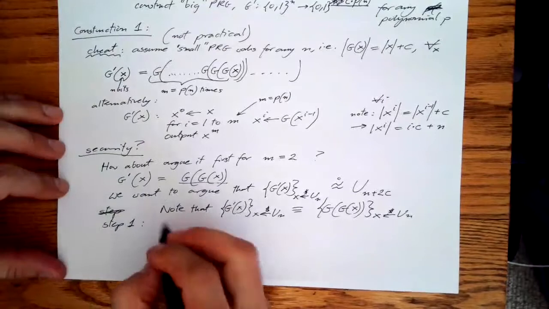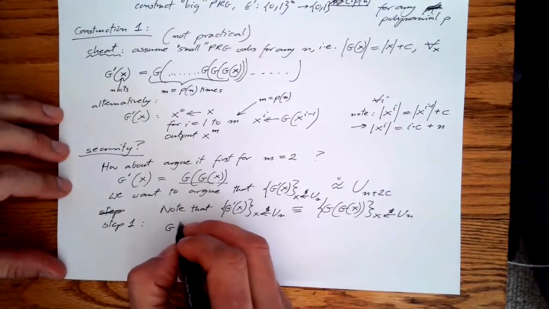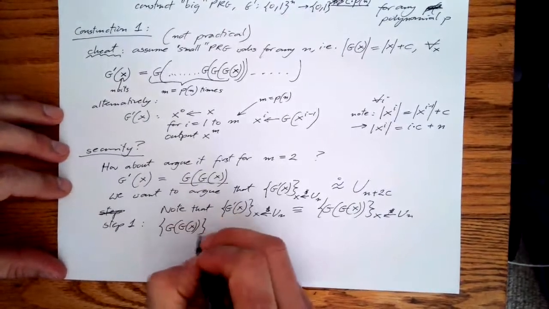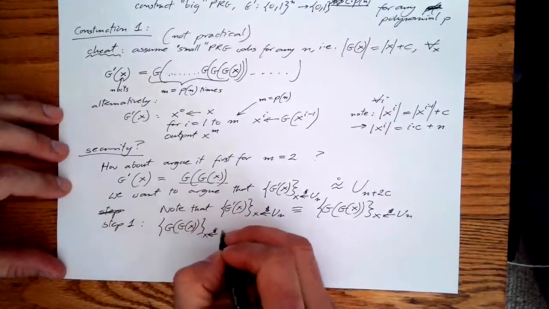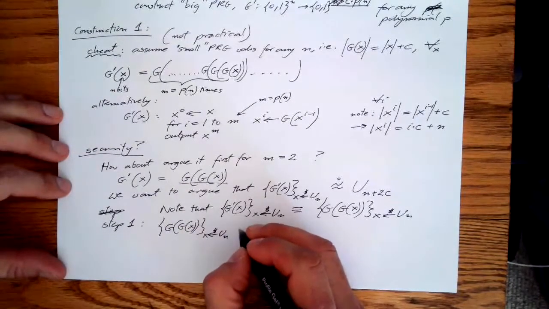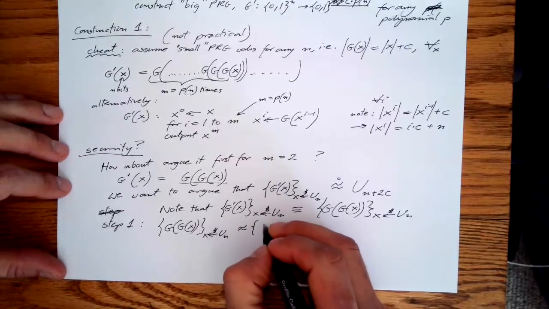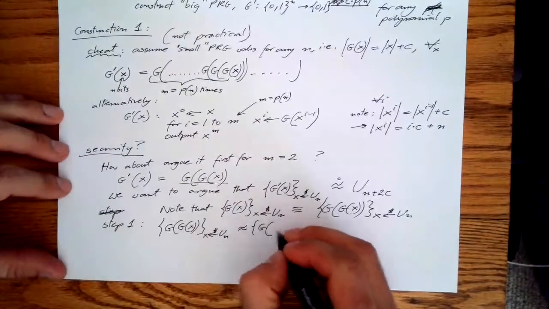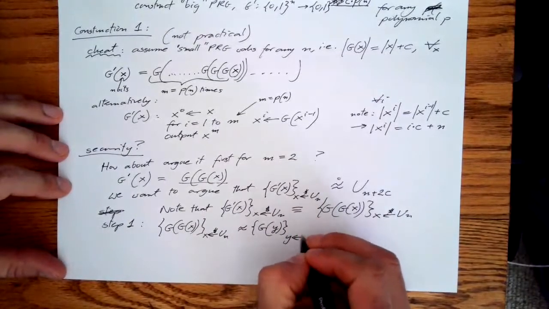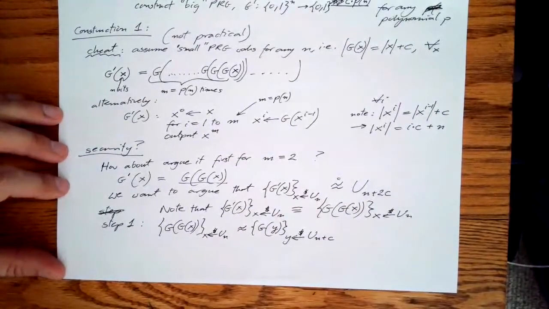Step 1, I will argue first that this distribution, which is the output of my claimed PRG, is indistinguishable from taking G to string y, where I take y from n plus c bit strings.